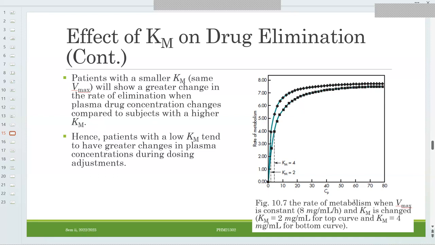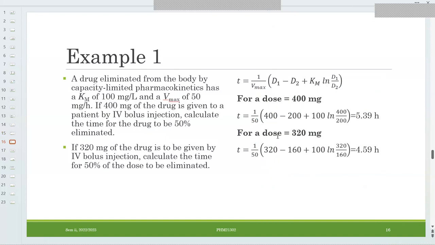Okay, so here is an example of rate of metabolism when Vmax is constant and Km is changed. Km is 2 milligram for the top curve, Km is 4 for the lower curve. So Km is higher here.